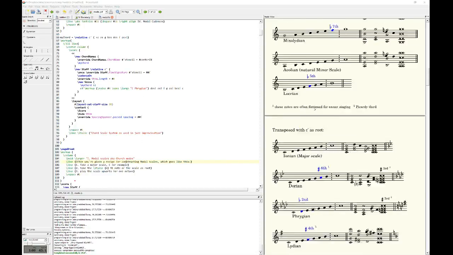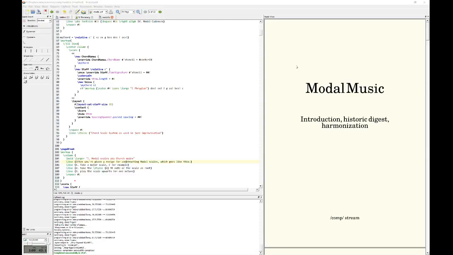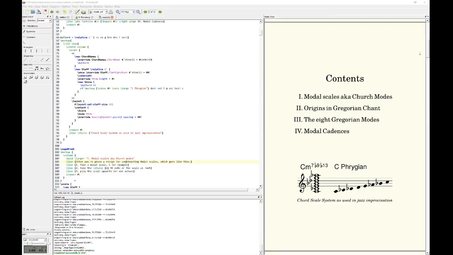So I've prepared this little presentation, and this is more or less our agenda for today. I'll be giving a short overview of the diatonic modal scales because those are the most well-known scales. Then we will go to the origins of modal scales, which come from Gregorian chant, and then we'll have a look at the 8 modes of Gregorian chant.